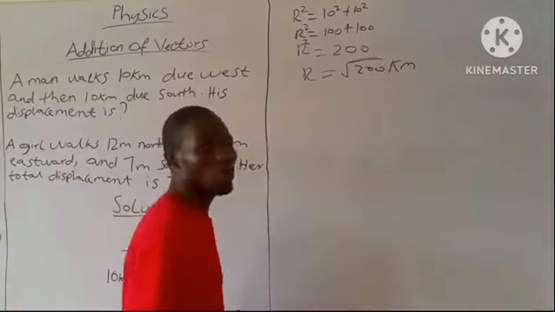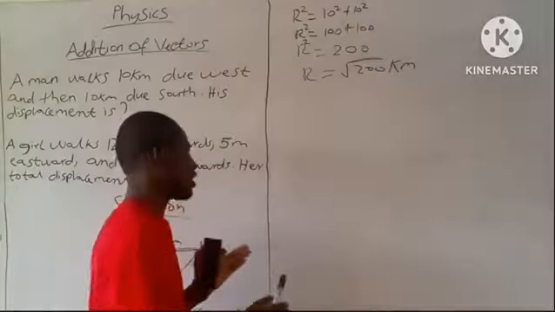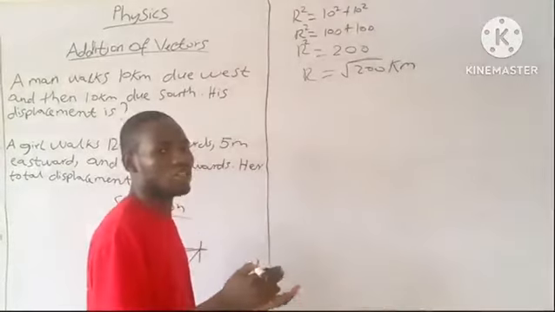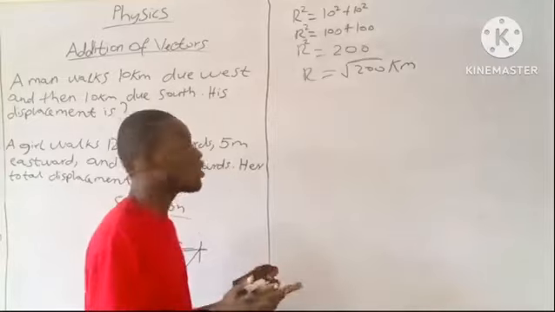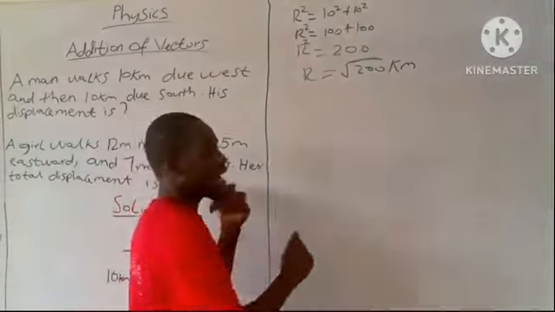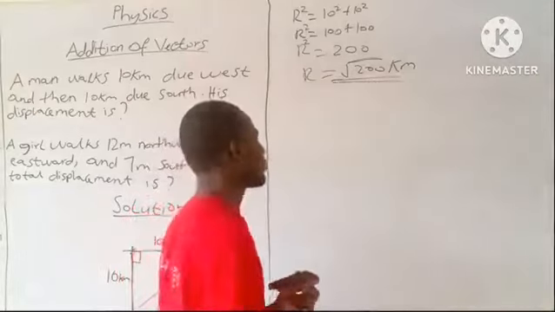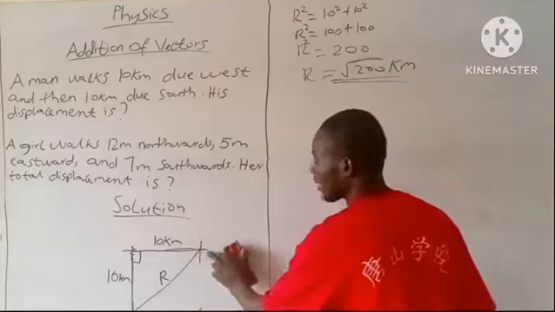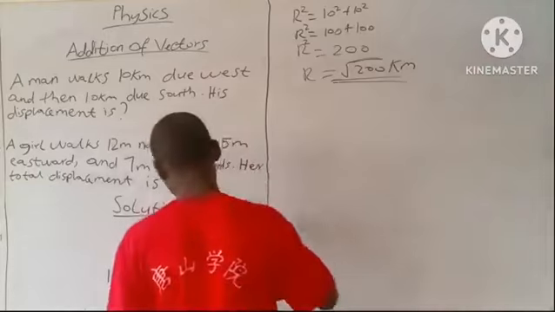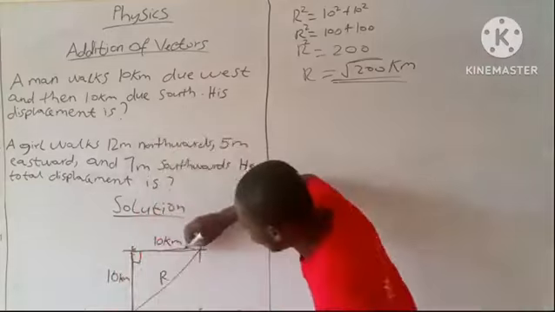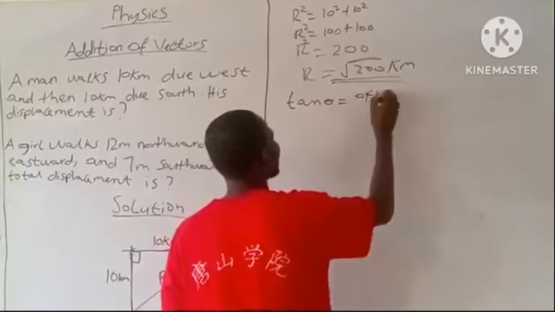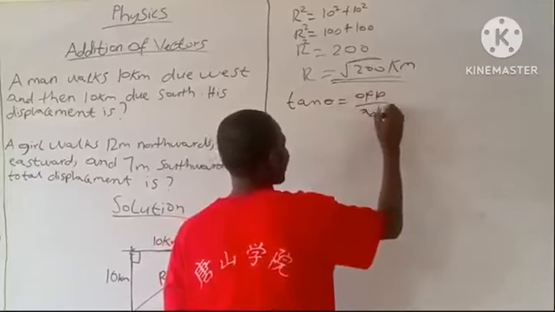Now, remember I told you that if you are looking for the resultant vector, after getting the magnitude, you must also find the direction. How do you get the direction of this man? You use tan theta. This is where the man started. So tan theta is equal to opposite over adjacent.